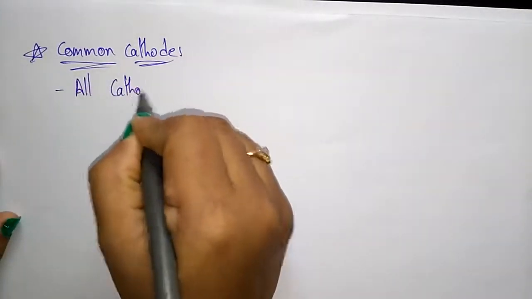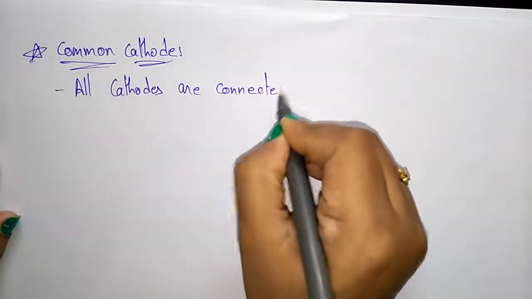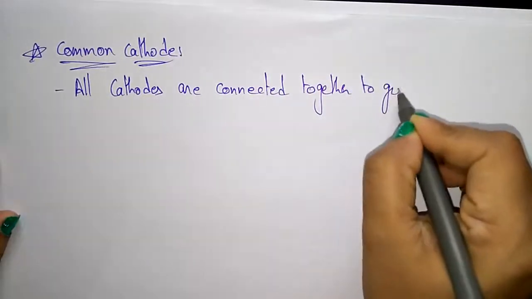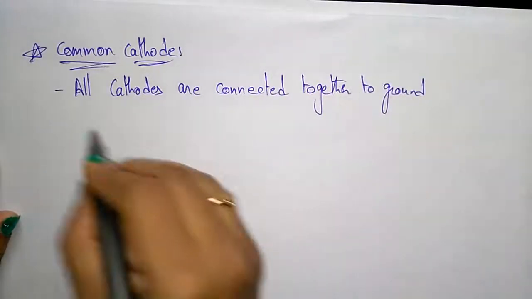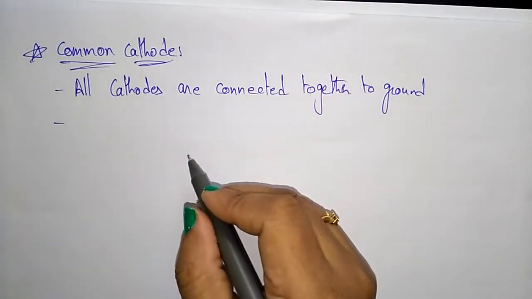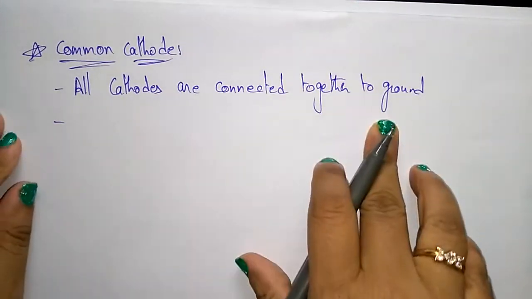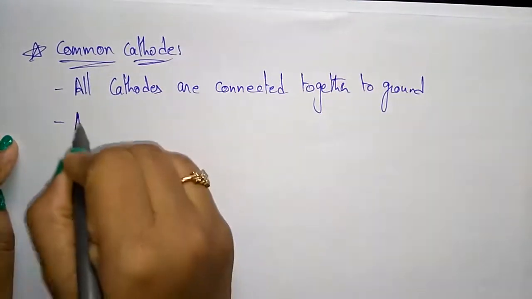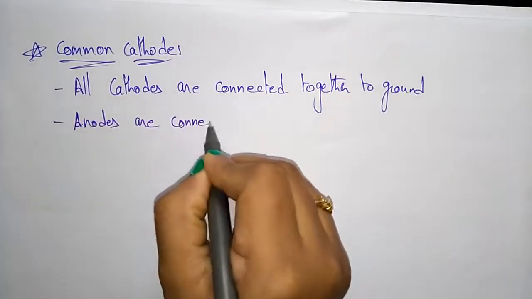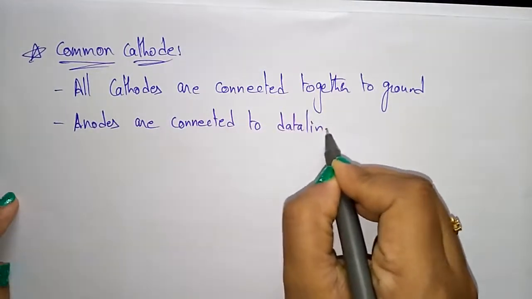All cathodes are connected together to ground. So here all cathodes are connected together to ground, whereas in common anode, all anodes are connected together to a power supply. But here these cathodes are connected to ground, and anodes are connected to data lines.